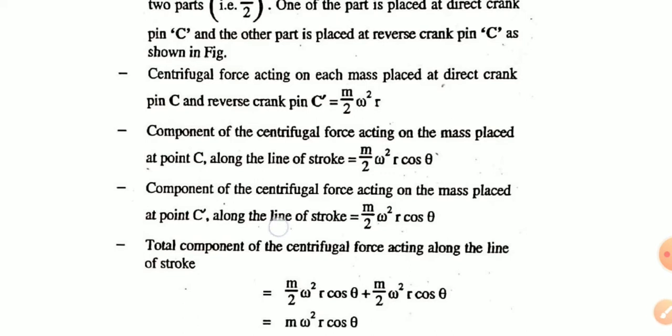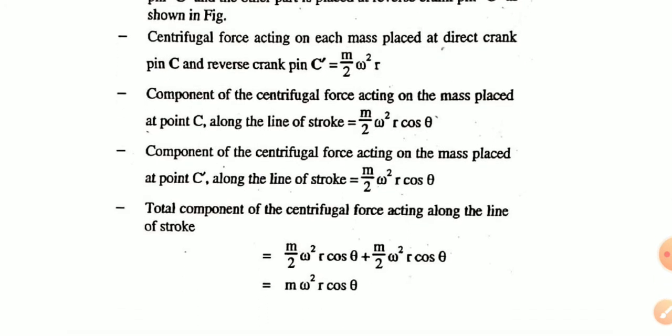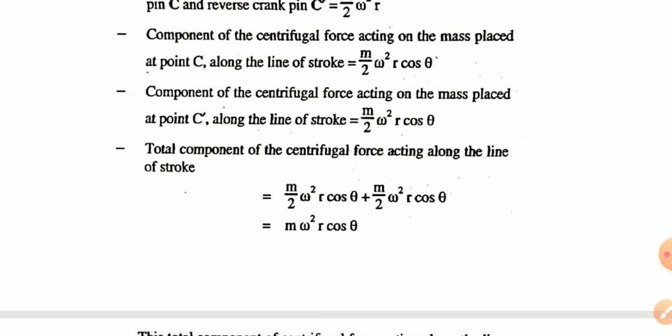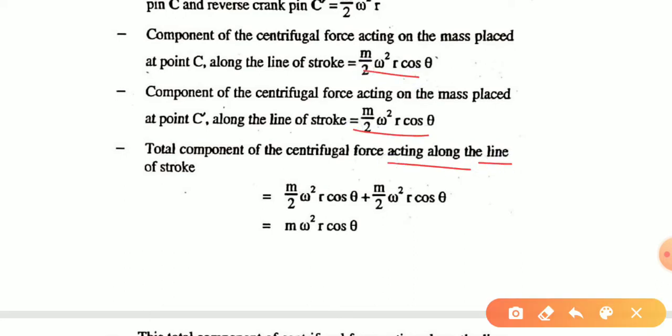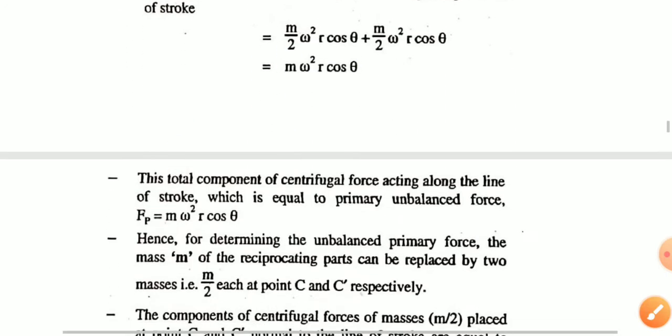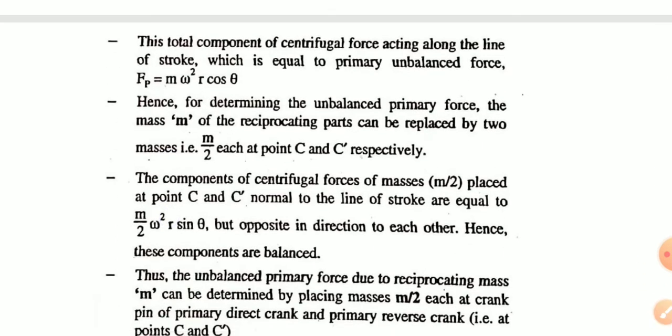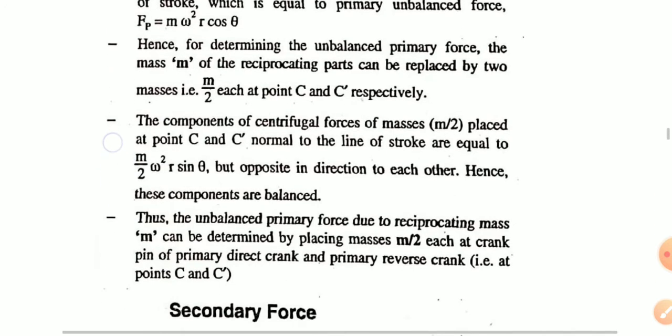This is the horizontal component m by 2. In the same way for the reverse crank it will be m by 2, and the total component in the line of stroke will be equal to m omega square r cos theta, which is equal to our unbalanced force. This total component of centrifugal force acting along the line of stroke is equal to the primary unbalanced force.